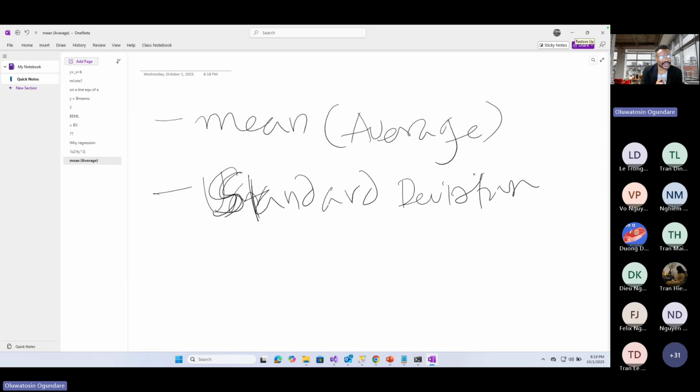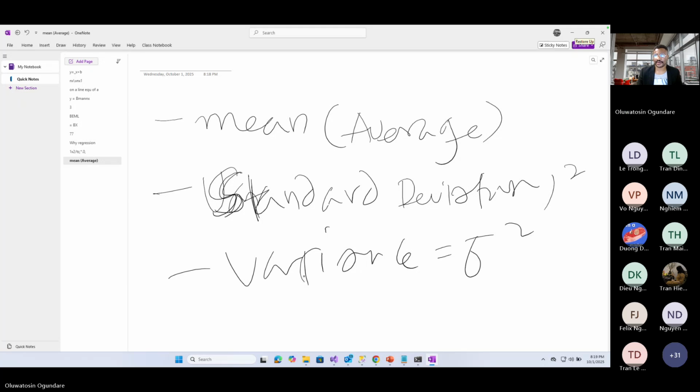Then I have almost completely described the data, in the sense that all you need to generate the data points are these two values, the mean and the standard deviation, because the variance is just the square of this, sigma squared.